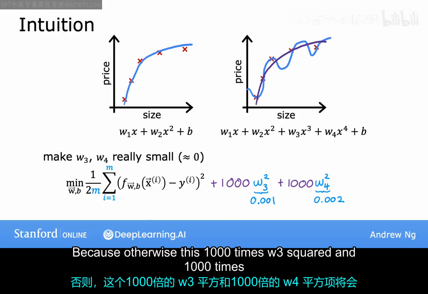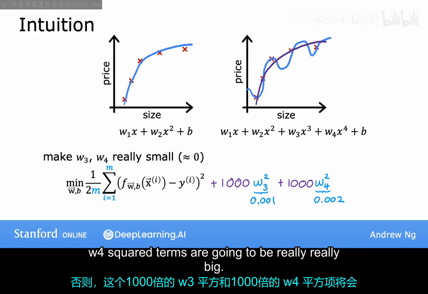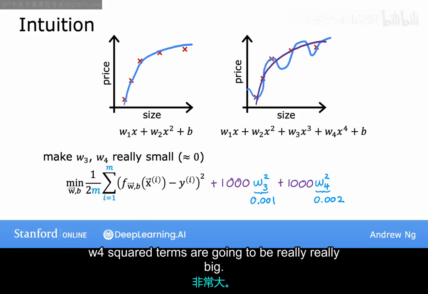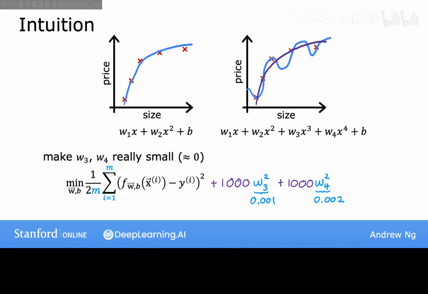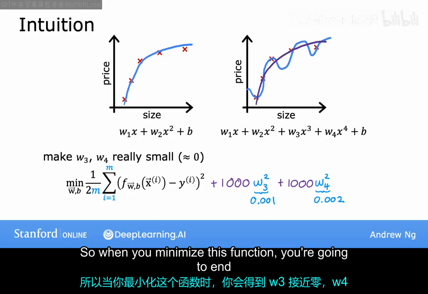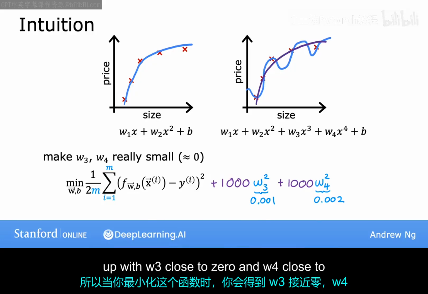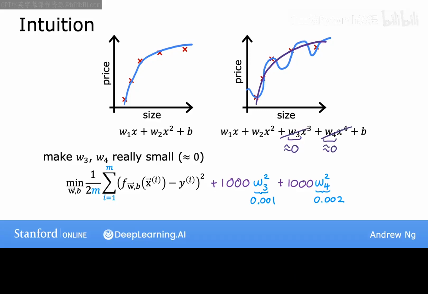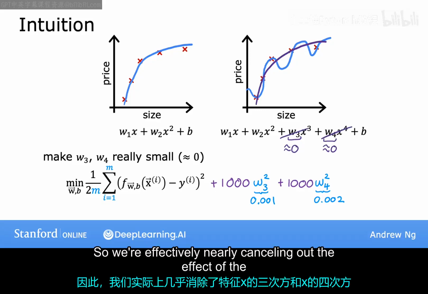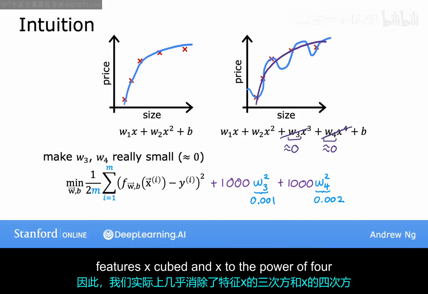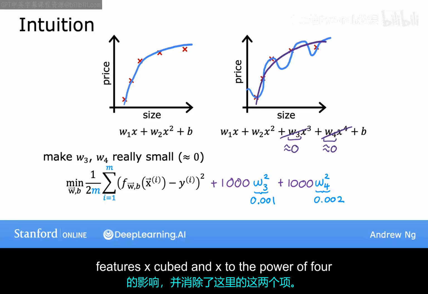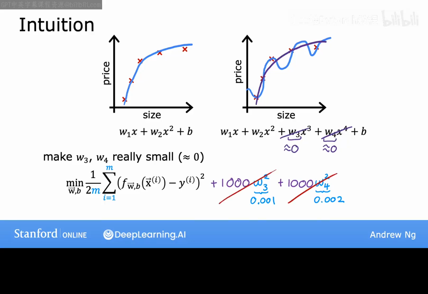Because otherwise, this 1000 times w3 squared and 1000 times w4 squared terms are going to be really big. So when you minimize this function, you're going to end up with w3 close to 0 and w4 close to 0. So we're effectively nearly canceling out the effect of the features x cubed and x to the power of 4 and getting rid of these two terms over here.